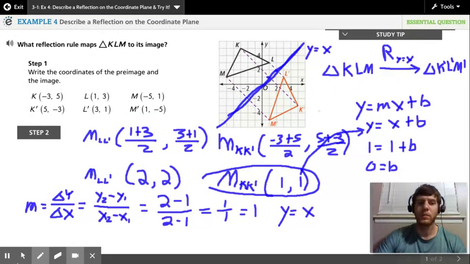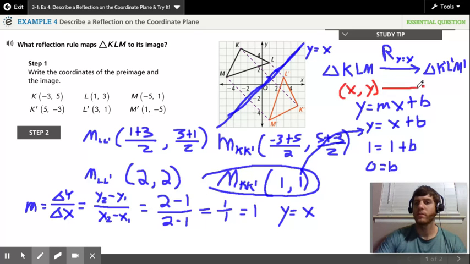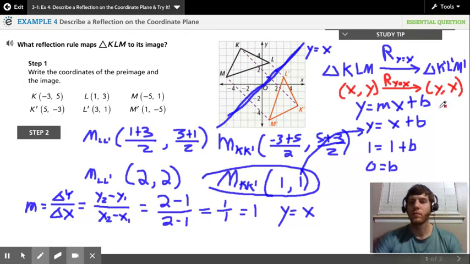So when we do a reflection over the line y equals x, we start with (x, y), and when we reflect across the line y equals x, we simply flip the coordinates, and that's going to become (y, x). That would be the pattern for this one.